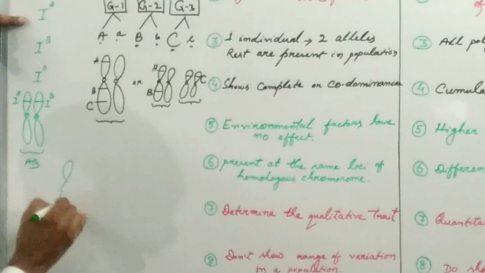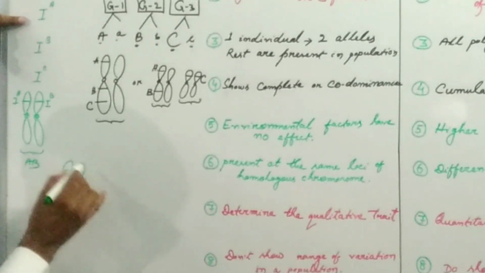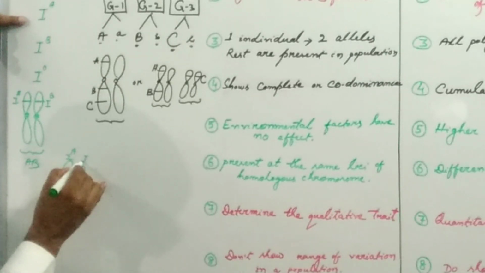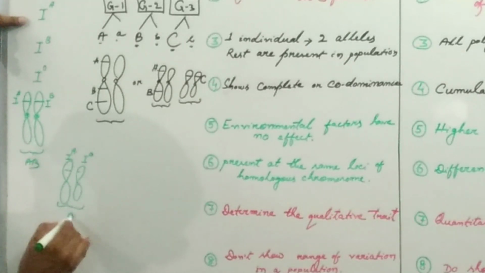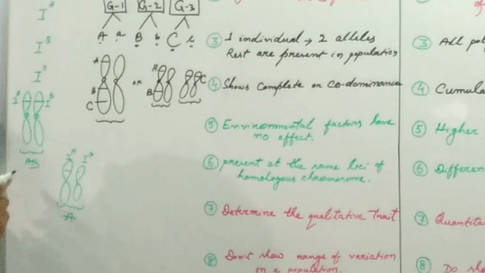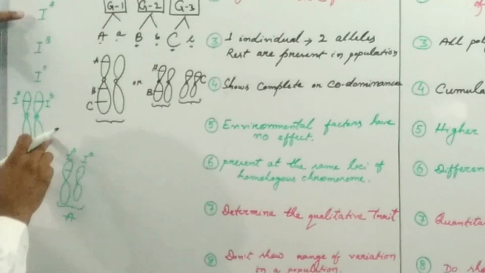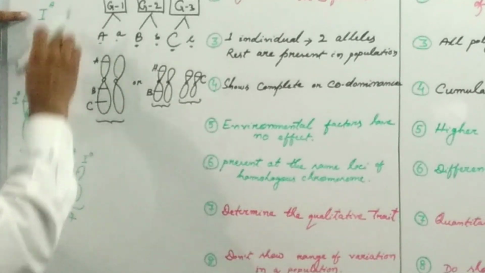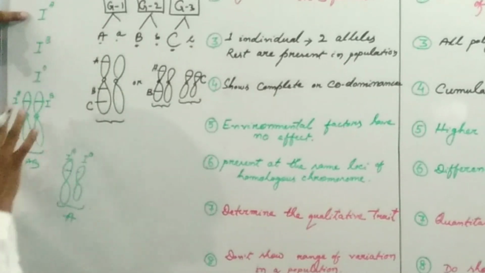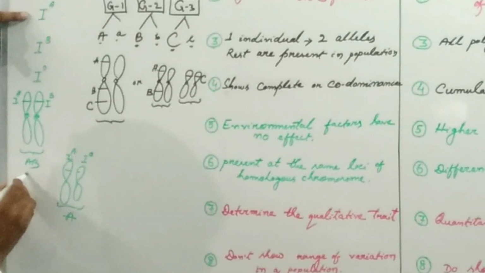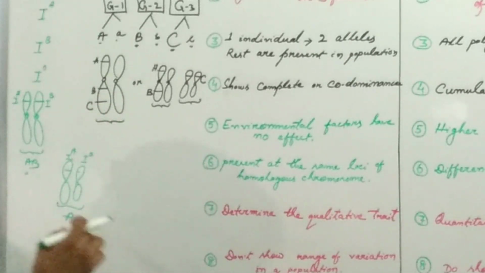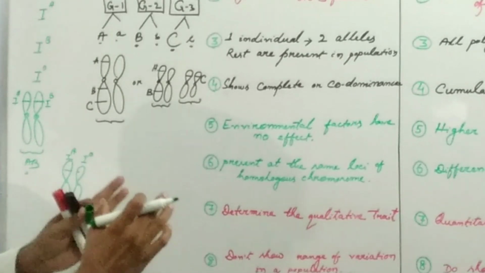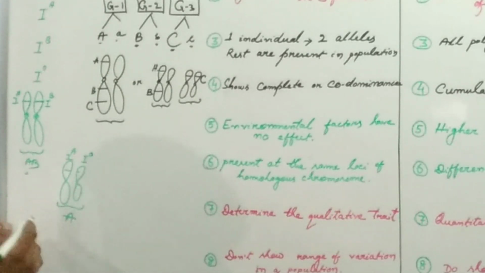Another individual which contains IA and IO will have blood group A. So in one individual only two allelic forms are present, and the other allelic forms are present in another individual, in the population.